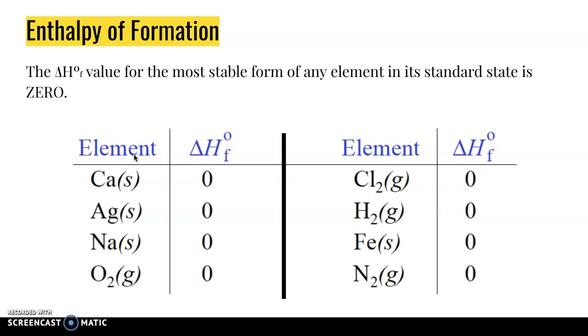But weird exceptions are the diatomic elements, like O2, Cl2, N2. Since they are diatomic, they're not just O, Cl, H, N, they're O2, Cl2, H2, N2. And those have a standard enthalpy of formation of 0. The other states of those are not at standard state, so the enthalpy of formation would not be 0.